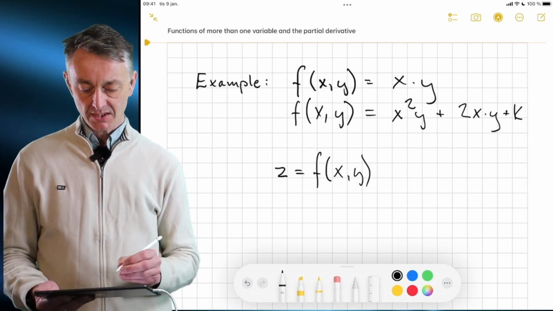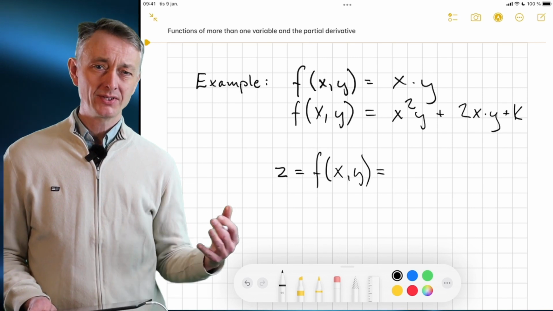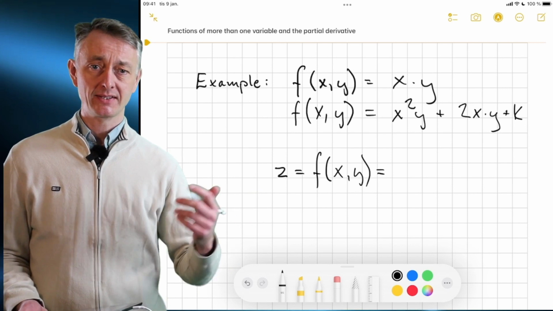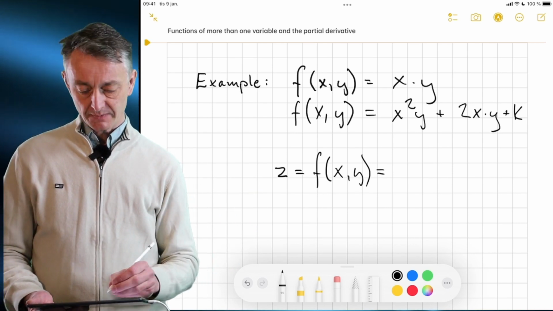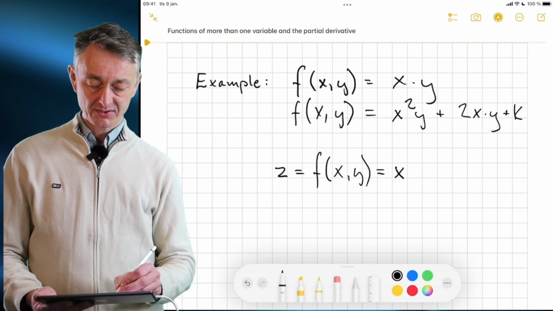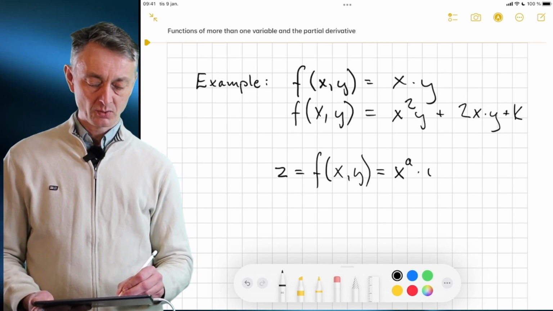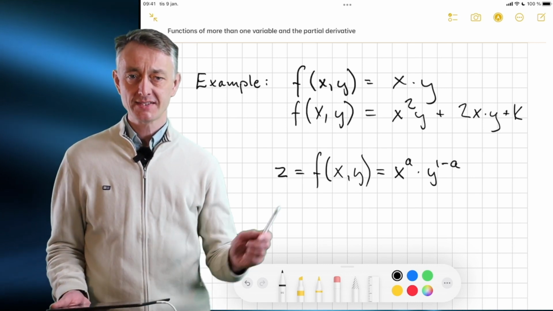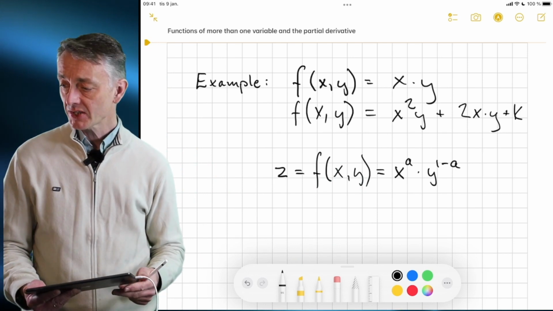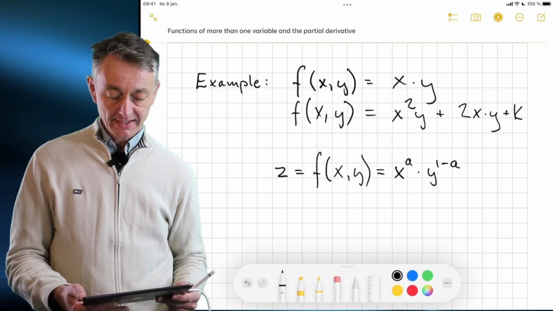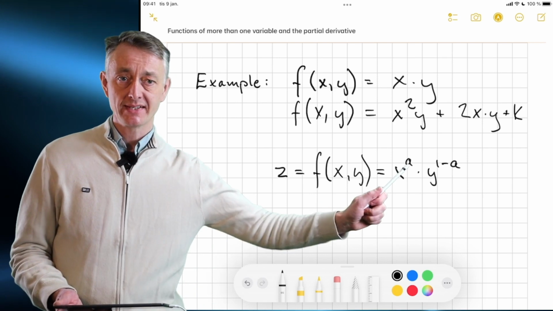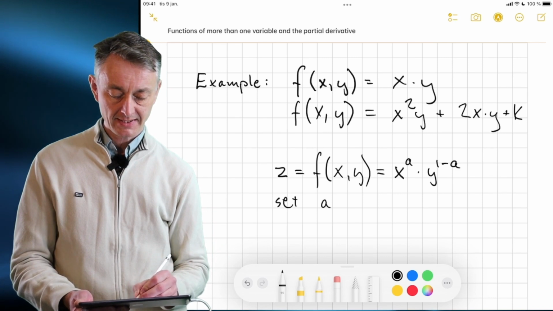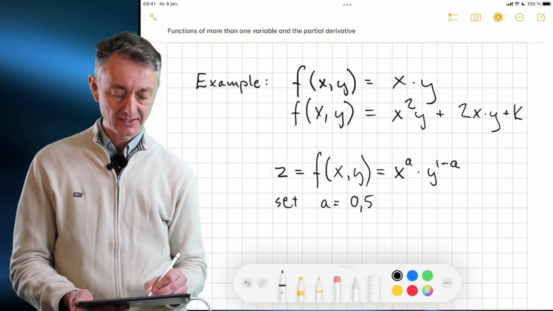Okay, so in this example, we're going to use a so-called Cobb-Douglas function. And you're going to be seeing that a lot in economics courses. So let's assume that we say x to the power of a times y to the power of 1 minus a. So this is an example of a Cobb-Douglas function. In this particular case, we assume that a is set to 0.5.